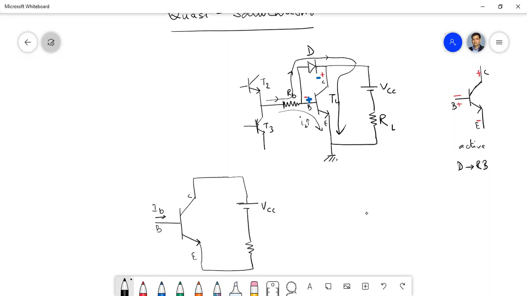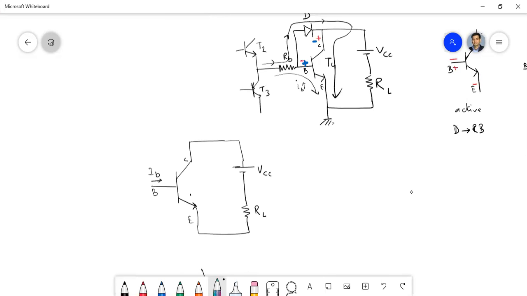We can write RC or RL, whatever. I don't know why my screen is getting hanged. So whatever. Can you see this circuit completely? Yes, sir. Okay.